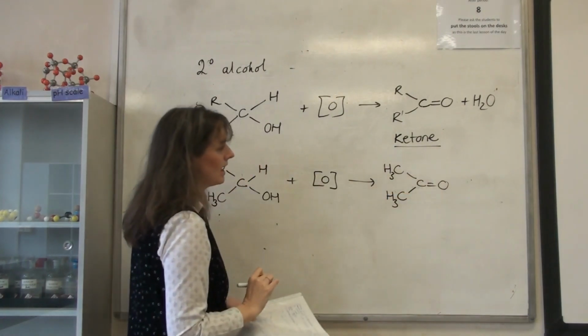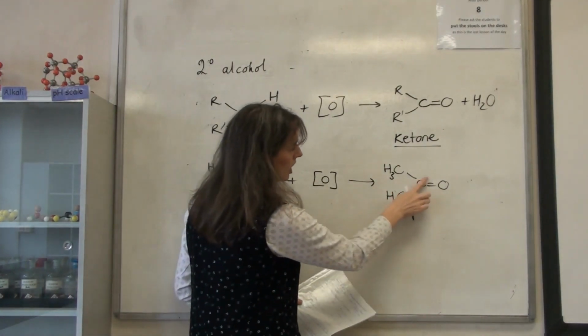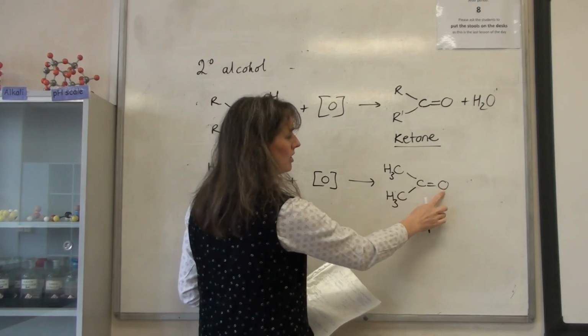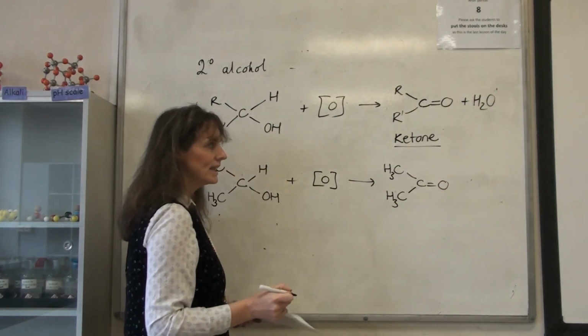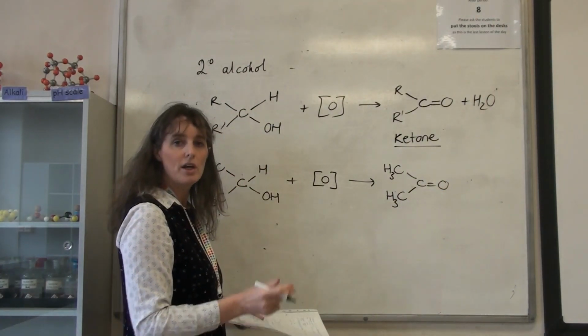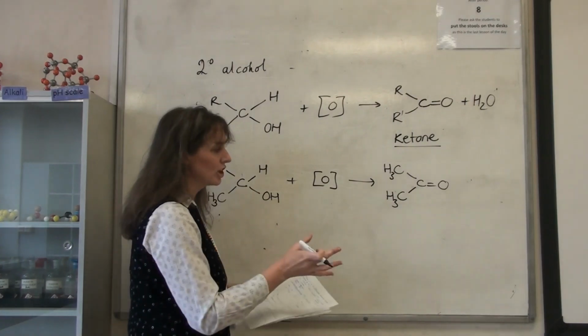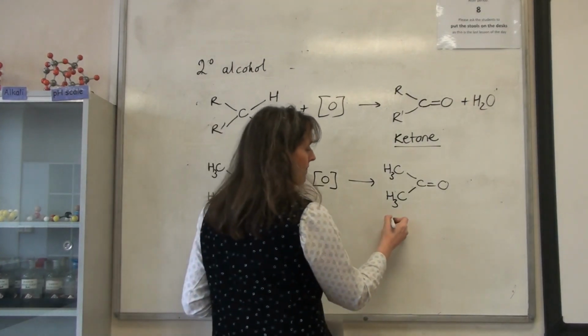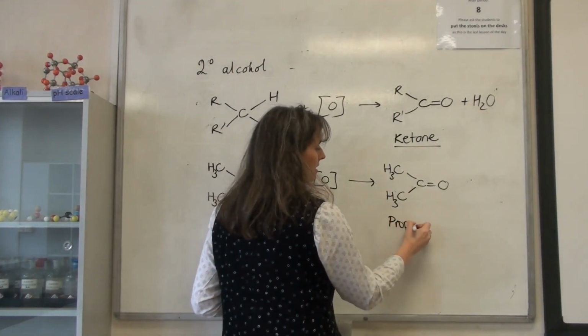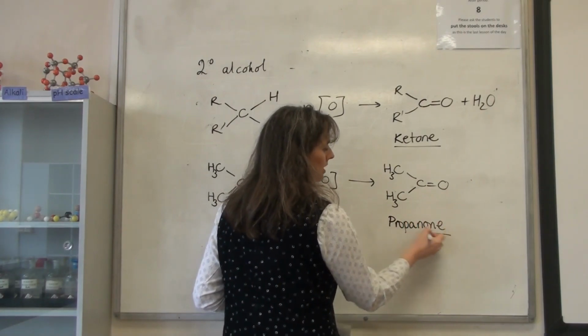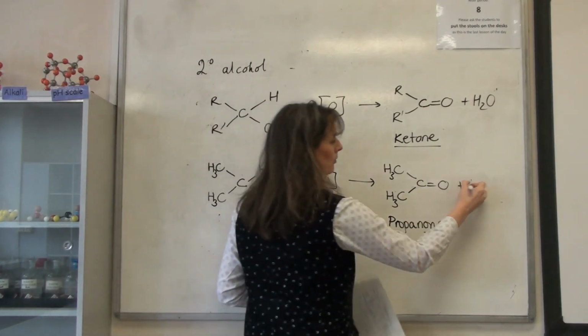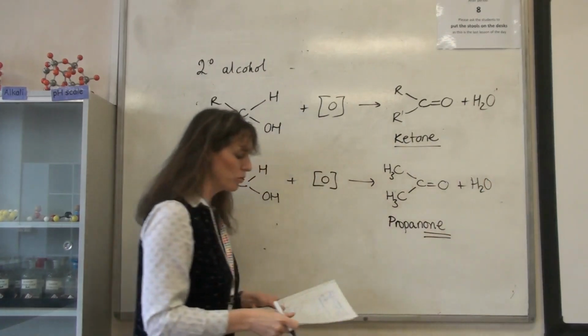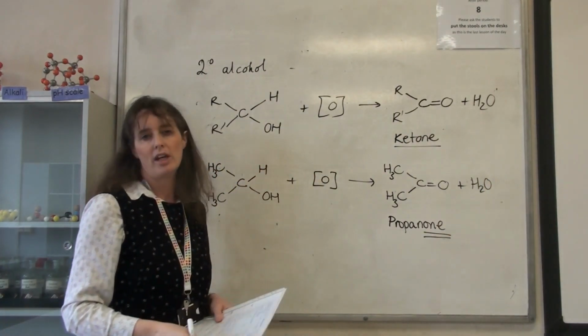You can see then we've got our 3 carbons in a row. What makes it a ketone is that the C double bond O is in the middle of a chain, not on the end, and that name then becomes propanone. So the ending -one, and remember we need our H2O, our water, just to finish that off.